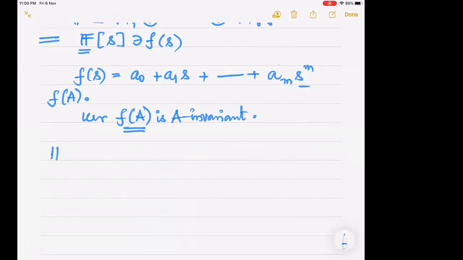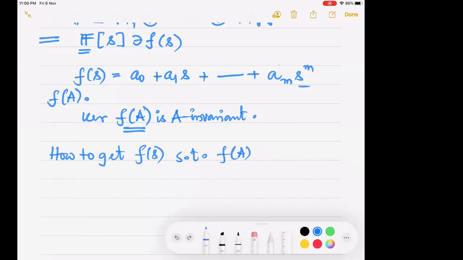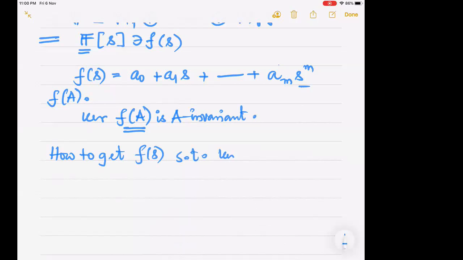How to get f(s) such that kernel f(A) is not just the zero subspace?